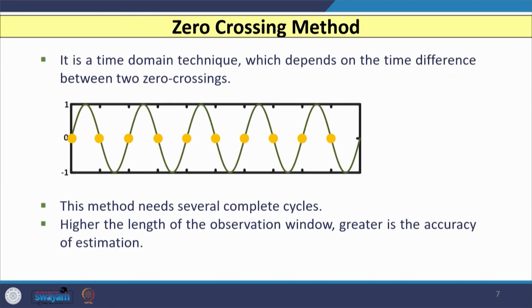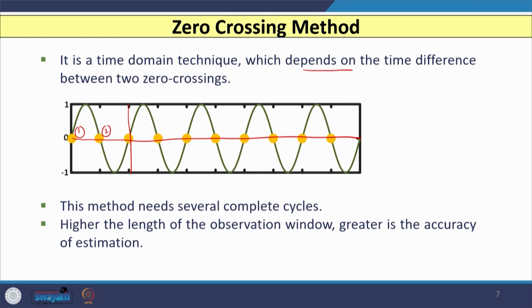The zero crossing method is a time domain technique, and this technique depends on the time difference between two zero crossings. You can see here I have shown one sinusoidal wave, and if I draw a line on the x axis, you see the different zero crossings I have highlighted. Let us say if I consider one cycle, then this is the first zero crossing and this is the second zero crossing.